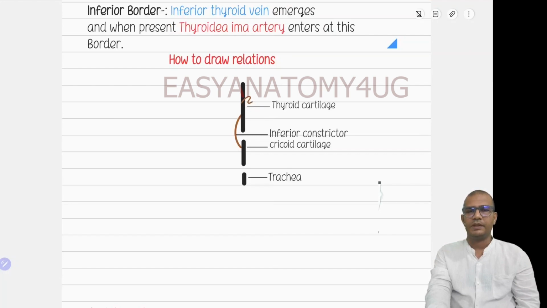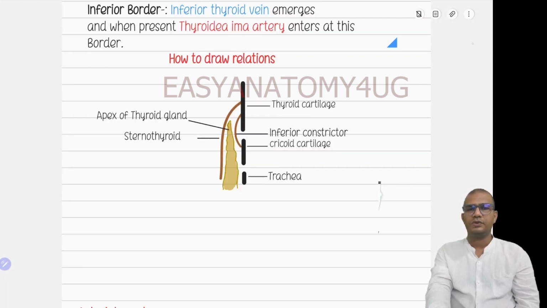From the lamina of the thyroid cartilage, show the other muscle which is present laterally. It is sternothyroid. And now draw the apex of thyroid gland in between these two muscles. So this apex is also related to the external laryngeal nerve and superior thyroid artery, which is not shown in this diagram.